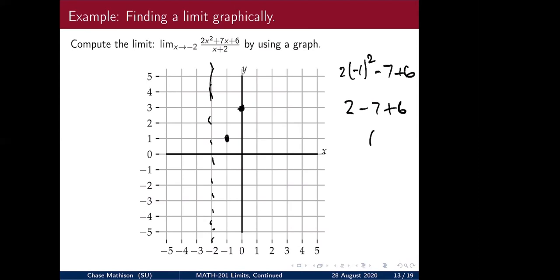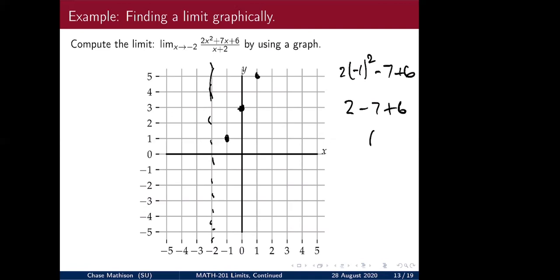All right. That was probably really loud for Zoom people. I'm sorry. And then let's plug in 1. What do we get when we plug in 1? 5, perfect. 15 over 3, right? 2 times 1 plus 7 times 1, that's 9, plus 6, 15 over 1 plus 2 is 3, so 15 over 3 is 5.